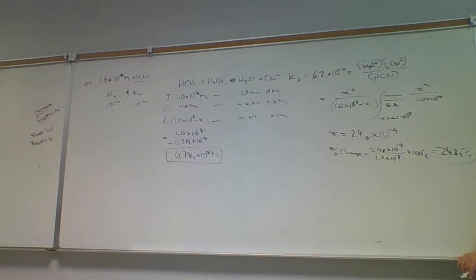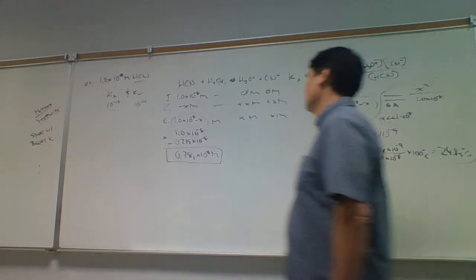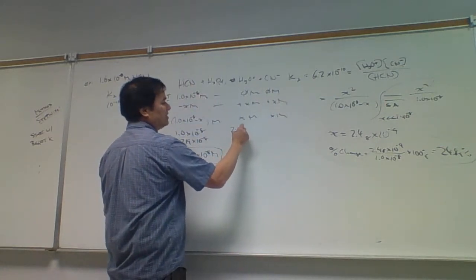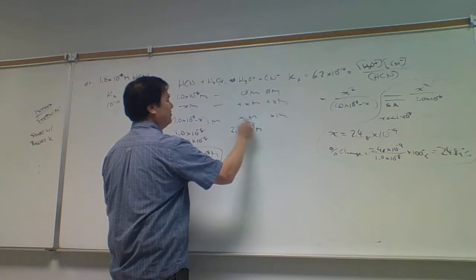It would be about 1.5%, right? 1.5% error, or no, am I right? 15%. Yeah, not 1.5, 15% error, okay? And so, yeah, do the quadratic. And so x over here is 2.19 times 10 to the minus 9 molar.